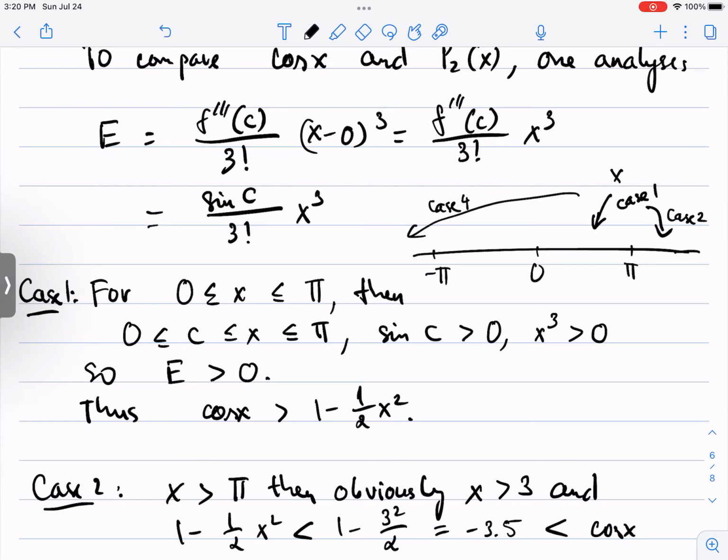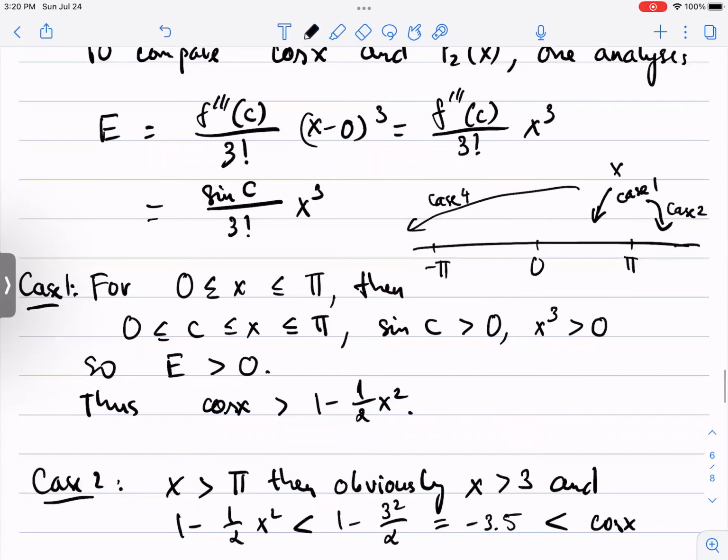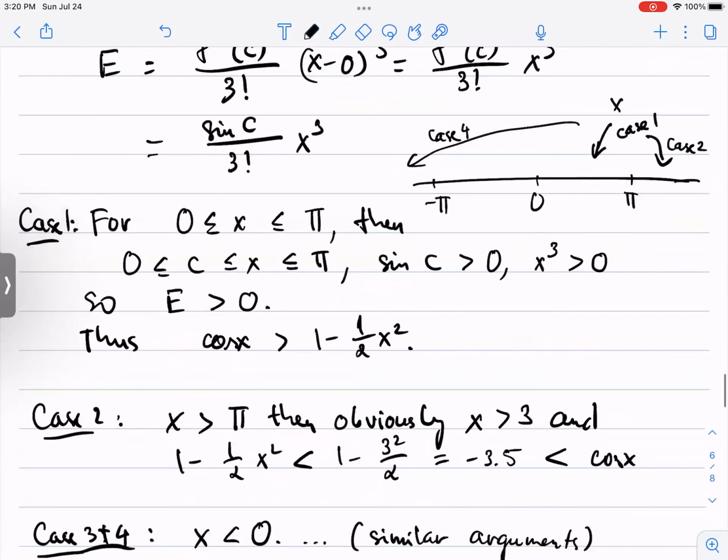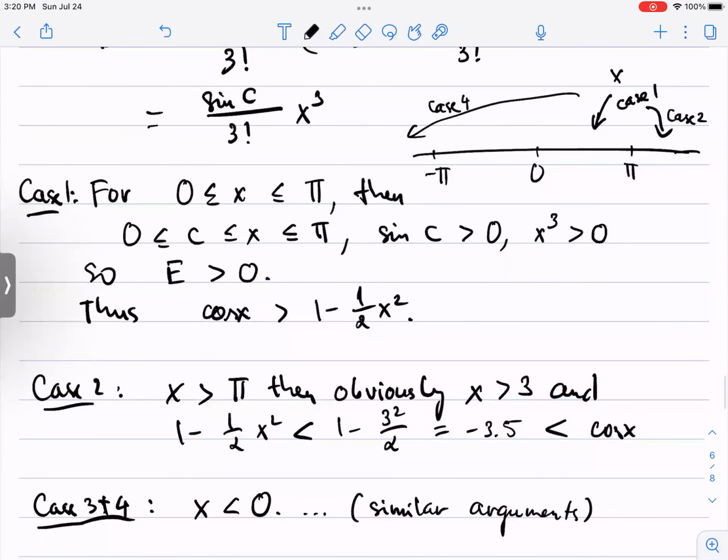In this case, we have 0 smaller than c smaller than or equal to x smaller than or equal to pi. Therefore, sine c is greater than 0. x to the cube is also greater than 0. So the error here is greater than 0. Yes, cosine x is greater than 1 minus 1 half x squared.